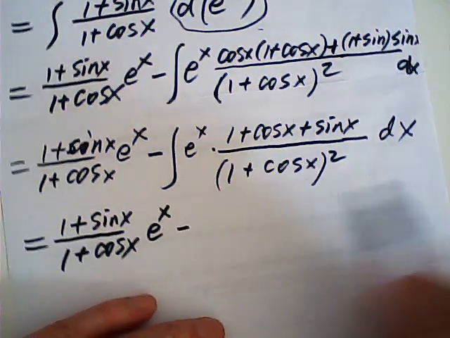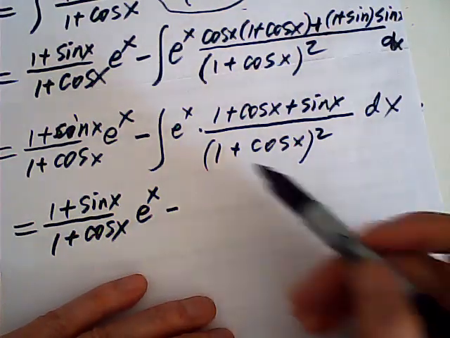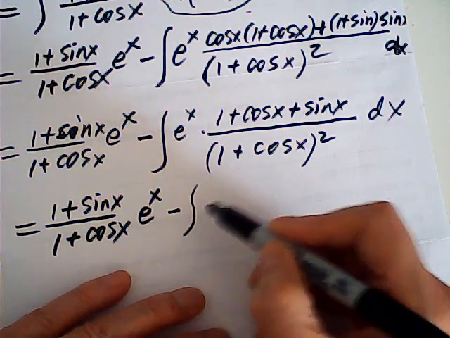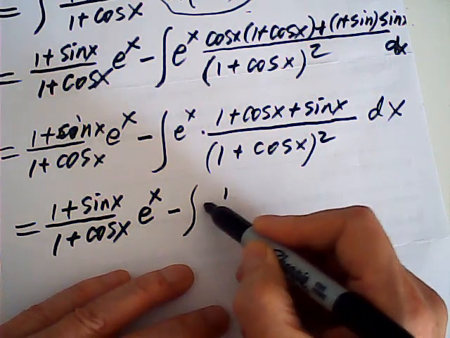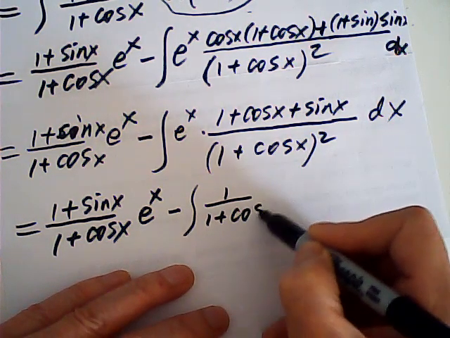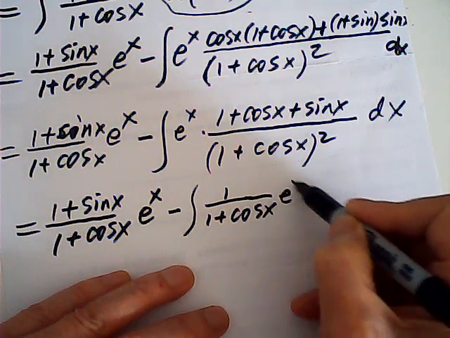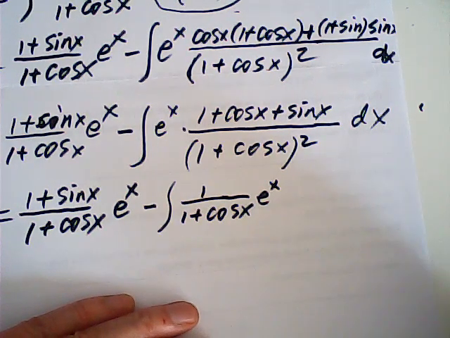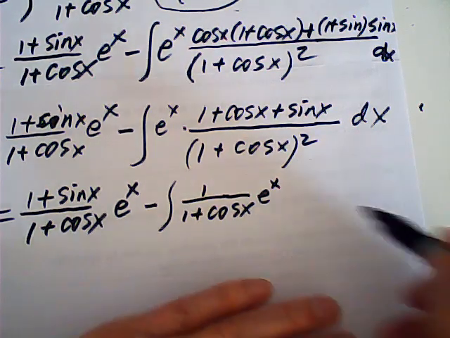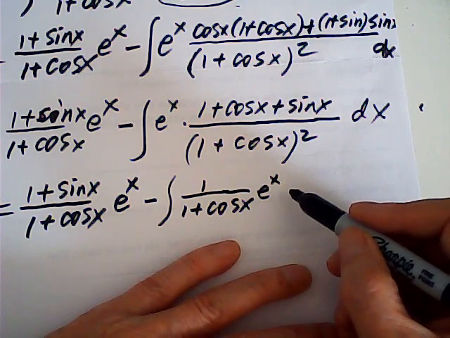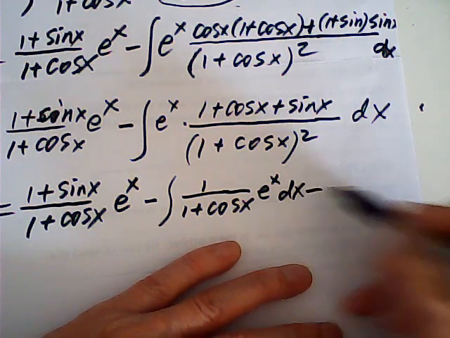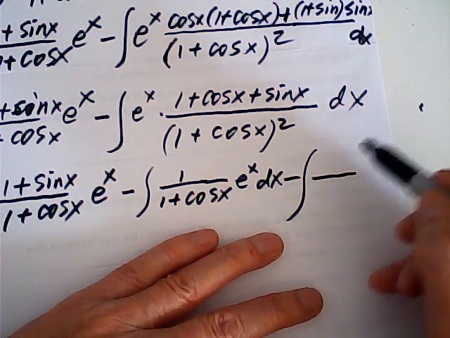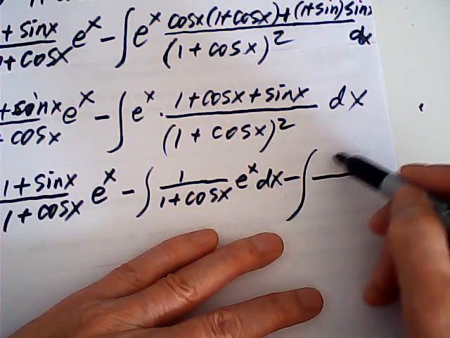Now, here I have two parts, right? This is over this one. So the first part is 1 over cosine x e to the x dx, minus, this is sine, right?